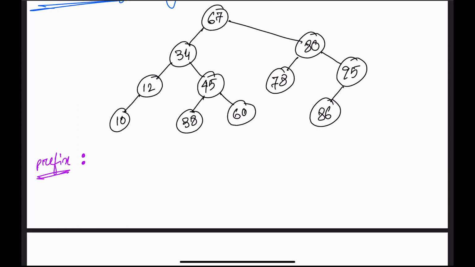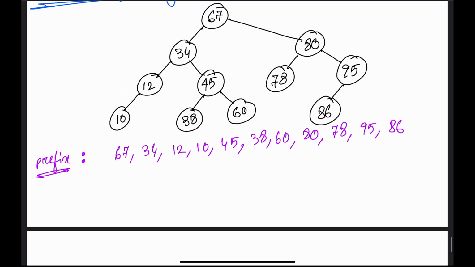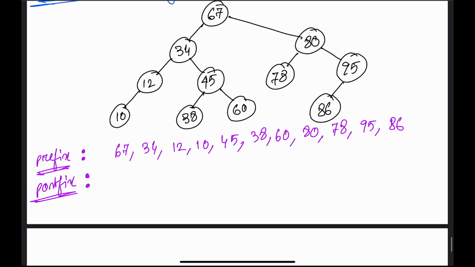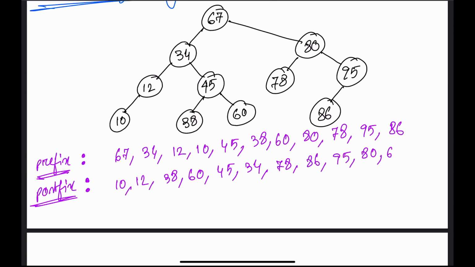So prefix could be like 67, then 34, then 12, then 10, then 45, 38, 60, 80, 78, 95, 86. Then postfix. Then postfix could be like 10, 12, 38, 60, 45, 34, 78, 86, 95, 80, and 67.